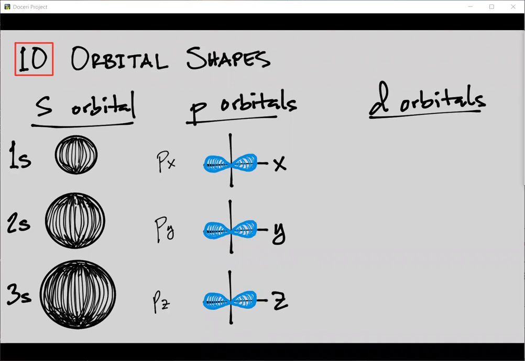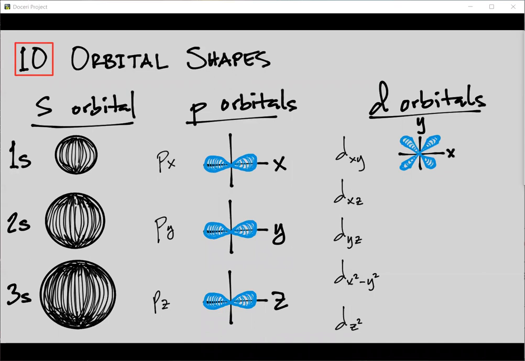All right, and the d orbitals, there are 5 different orientations, 5 different ones. So you have a dxy, dxz, dyz, dx squared minus y squared, and dz squared. And the first 3 here, they look exactly alike. It's just how they are oriented in space.